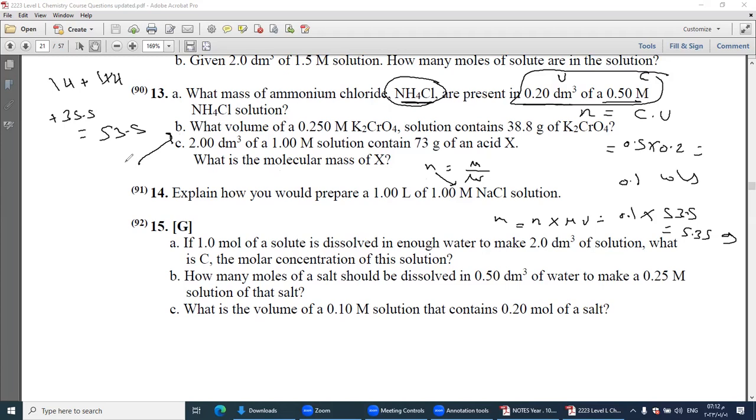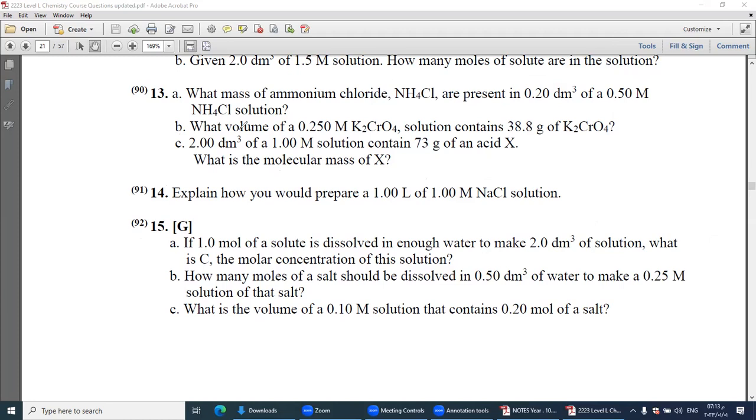What volume of a 0.250 M K2CrO4 solution contains 38.8 grams of K2CrO4? Okay, let's say this together, guys. Who can answer quickly? What does it say here? What volume, he wants to calculate the volume of 0.25 molar. What do we have here? Concentration, and the solution contains grams, so we have mass.